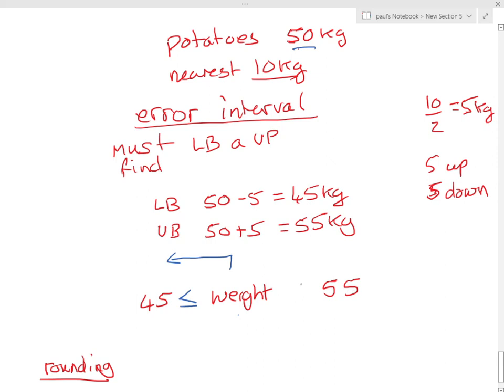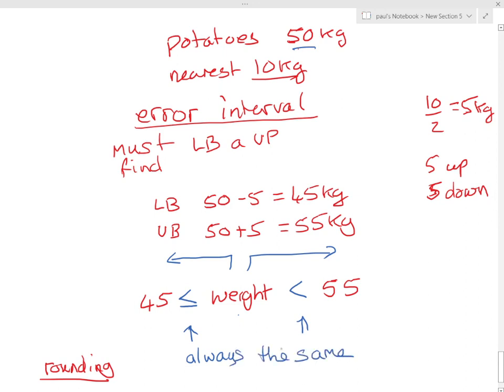It must be less than 55. So the weight of the potatoes is less than 55, because anything less than 55 rounds down to 50. Anything that is equal to 45 and above rounds up to 50. And these signs are always the same.